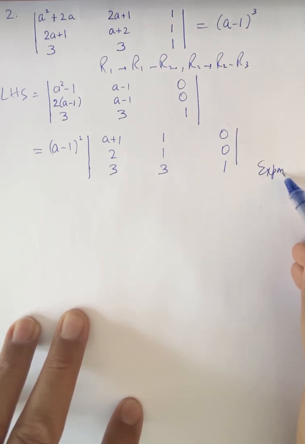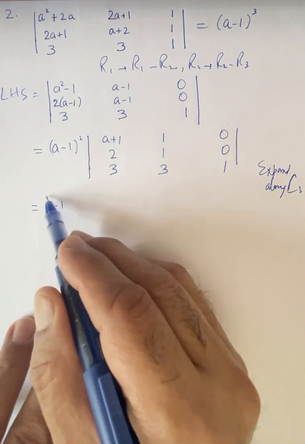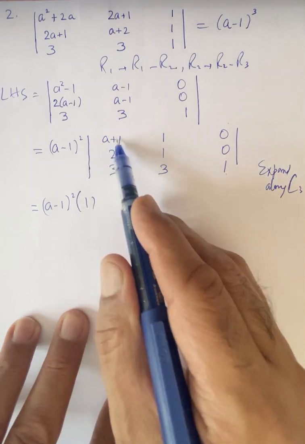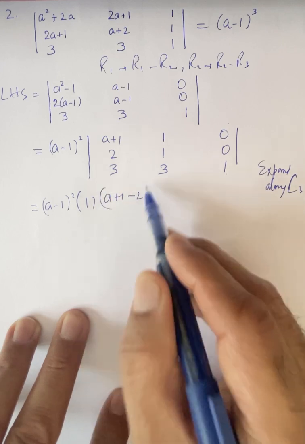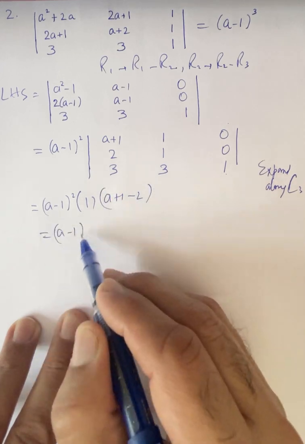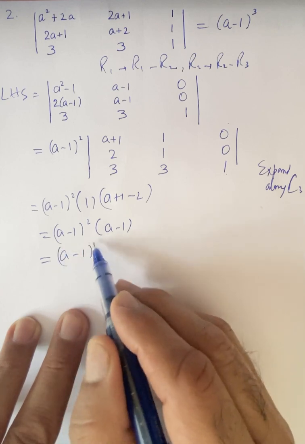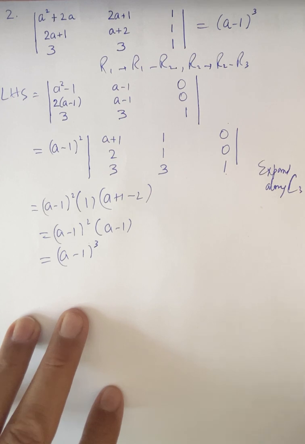So we expand along the elements of the third column, C3. This is a minus 1 whole square into 1. Then this is a plus 1 minus 2. This is a minus 1 whole square into a minus 1, which is a minus 1 whole cube. This is what we wanted to prove.